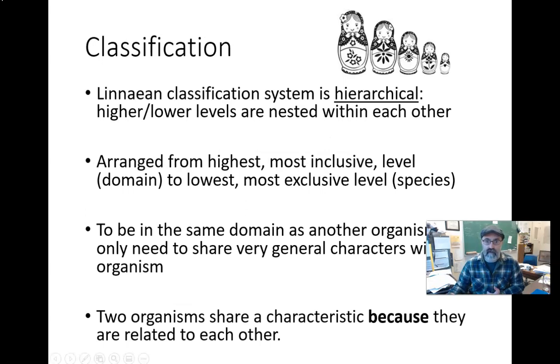So the other part of systematics is this idea of classification. Taxonomy is actually naming the species, but classification is putting them into groups. So the dire wolf has a scientific name.